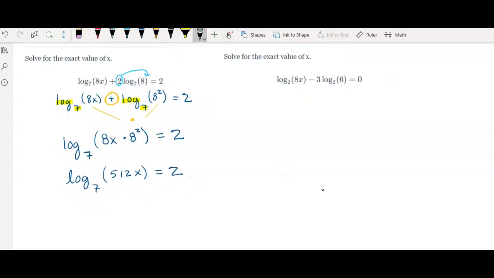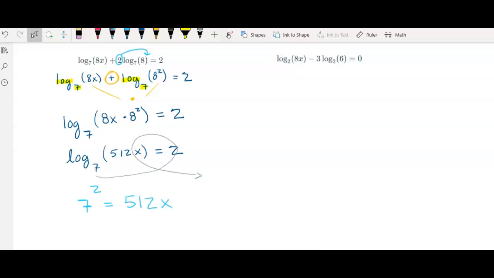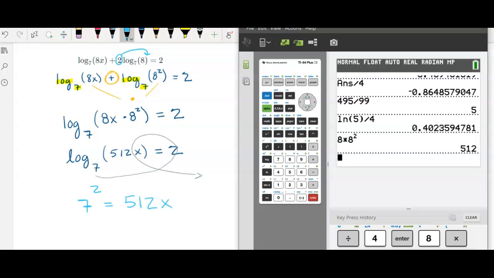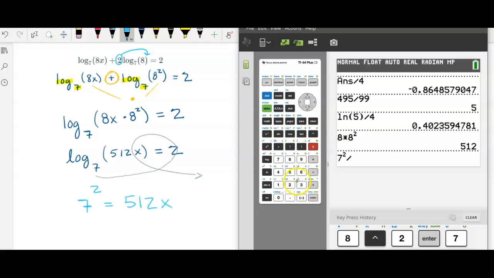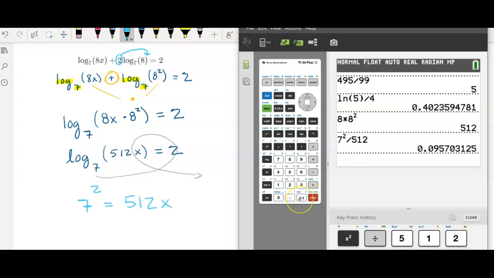Now our x is inside here in the parentheses, in the argument. So now I have to switch it to exponential form to get it out of there. So I'm going to start with the 7, go across to the 2, and come back. So 7 is going to become my base, 2 my exponent, equals 512x. So if I divide both sides by 512, I'm going to have 7 squared divided by 512.